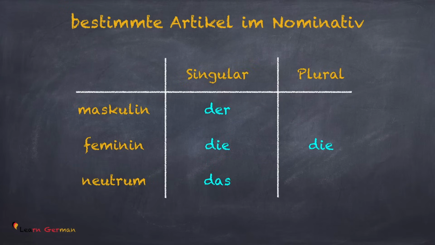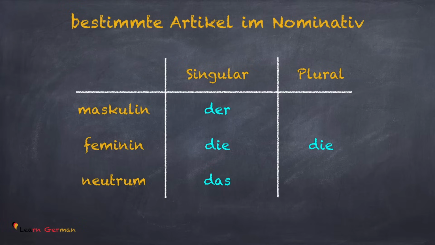Bestimmte Artikel im Nominativ. Let's look at this table to understand this better. As we just discussed, there is an article for singular and there is an article for plural. The article for masculine is der, for feminine die, and for neutrum das. The article in plural does not depend on the gender.